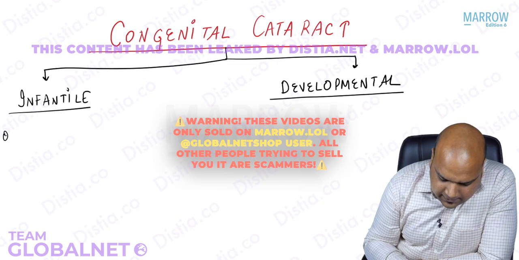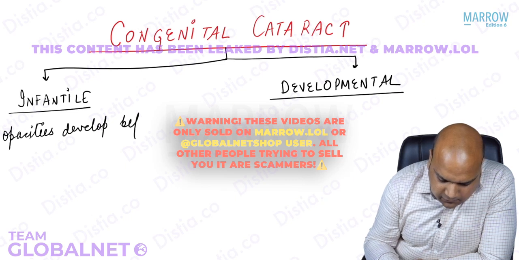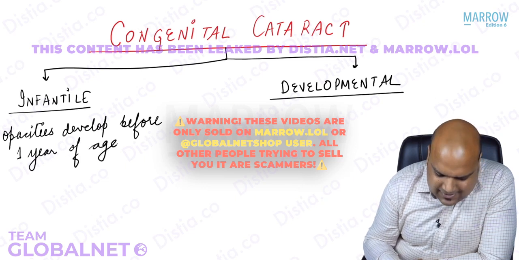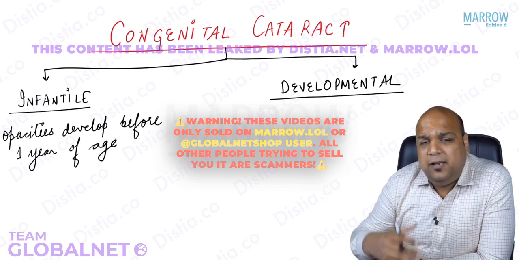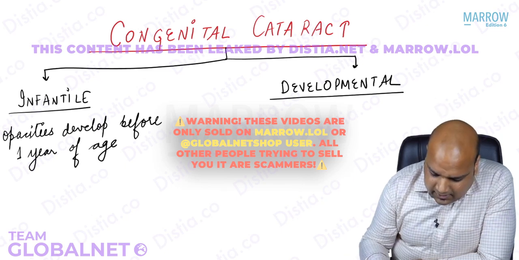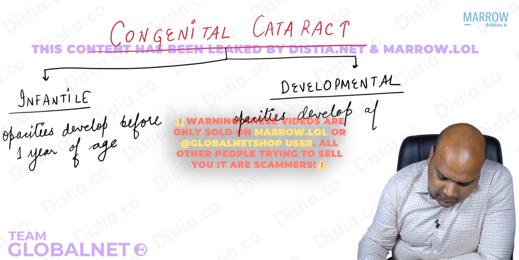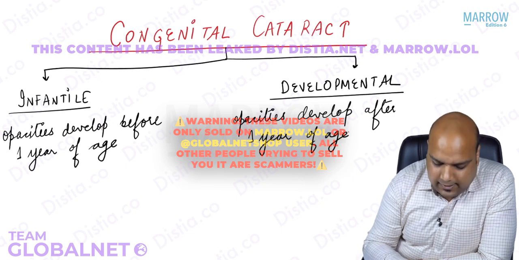If the opacities develop before 1 year of age, we say it is an infantile cataract. In infancy, it is developing. But if the opacities develop after 1 year of age, then we group it as a developmental cataract.